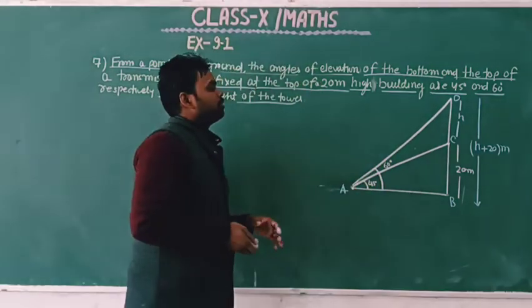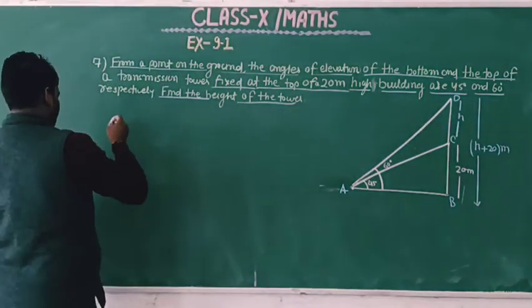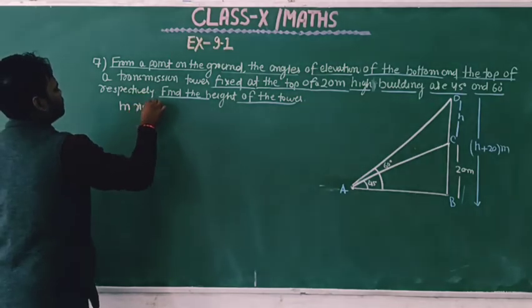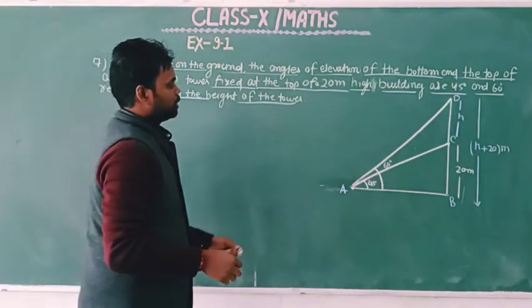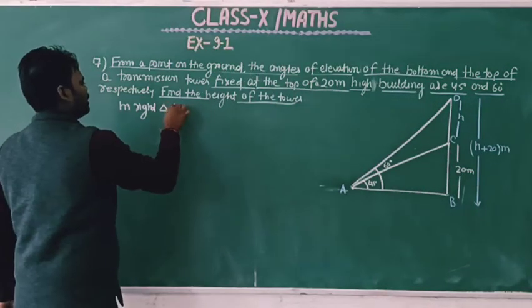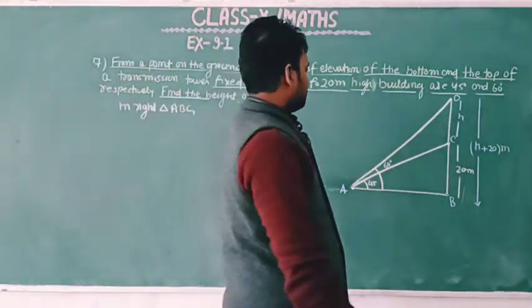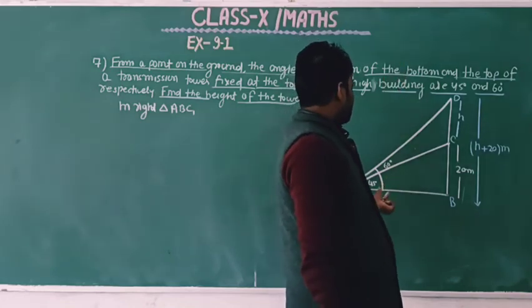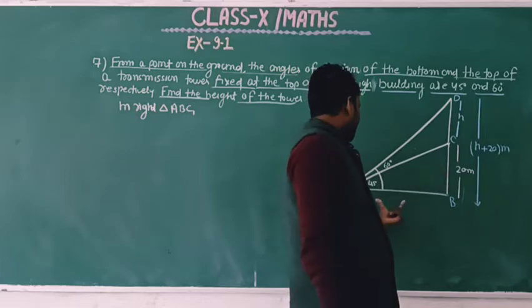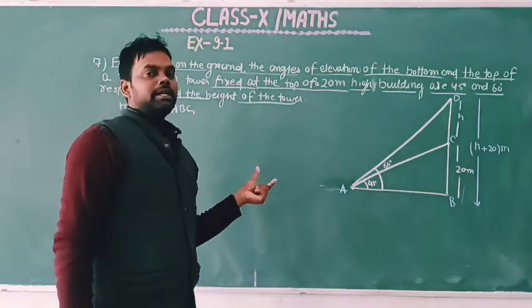Now, in right triangle ABC, we choose the sides which include BC and AB. So this means we choose the tan trigonometric ratio.